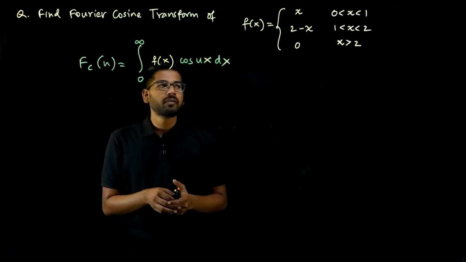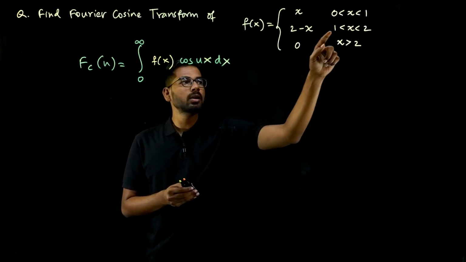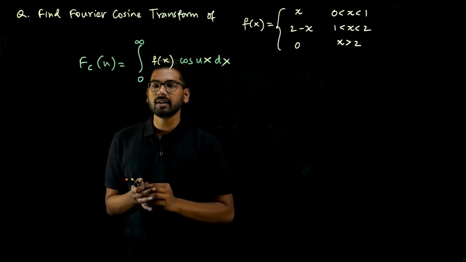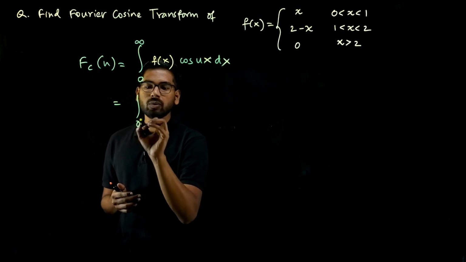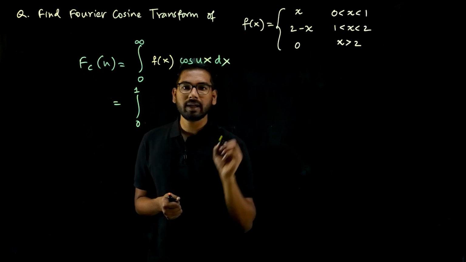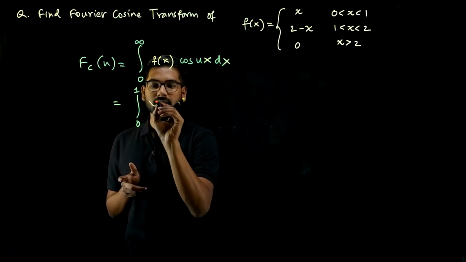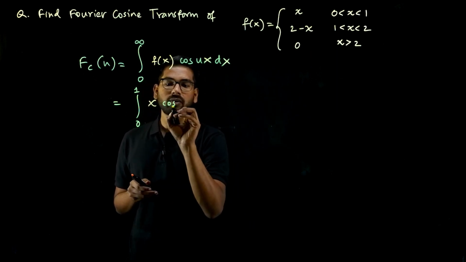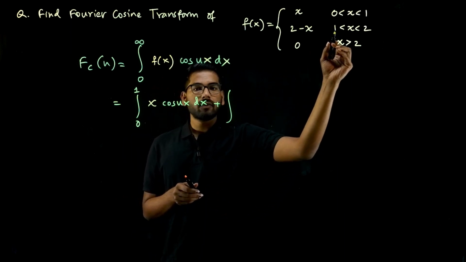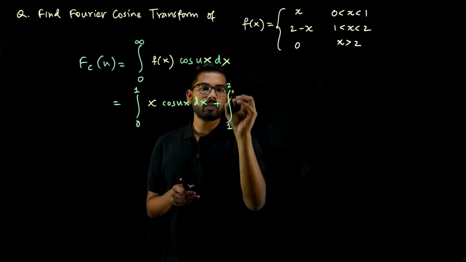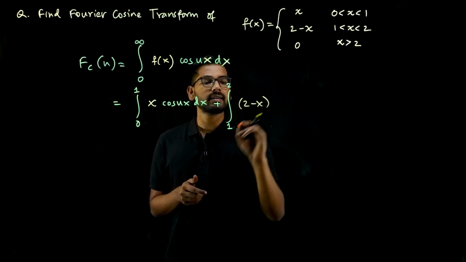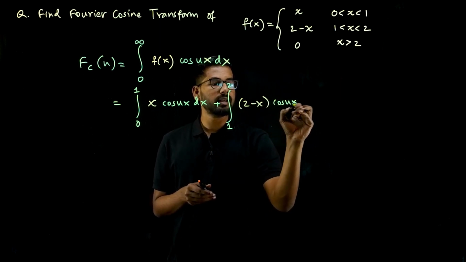So the function is defined from 0 to 1, 1 to 2 and 2 to infinity. So I'll split this integral like this, from 0 to 1. In this interval f of x is equal to x, right? So it is the integral of x times cos ux dx, plus again the integral from 1 to 2, where f of x is 2 minus x, so 2 minus x times cos ux dx.